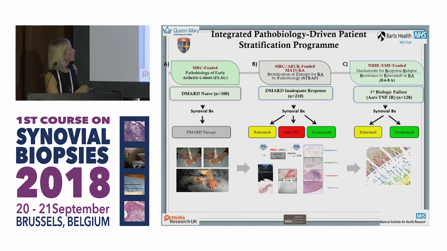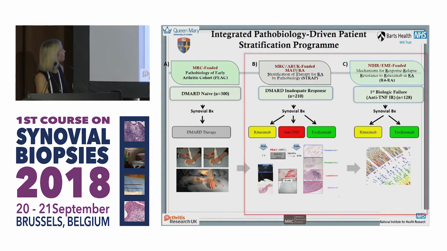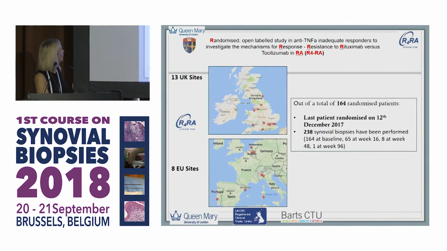The first of which is R4RA, so that's the mechanisms for response relapse resistant to rituximab in RA, where patients undergo a synovial biopsy and then are randomised to rituximab or tocilizumab. And we're looking at predictors of response to either of these drugs. It was a multicenter study across Europe, and 238 synovial biopsies were performed on 164 patients.